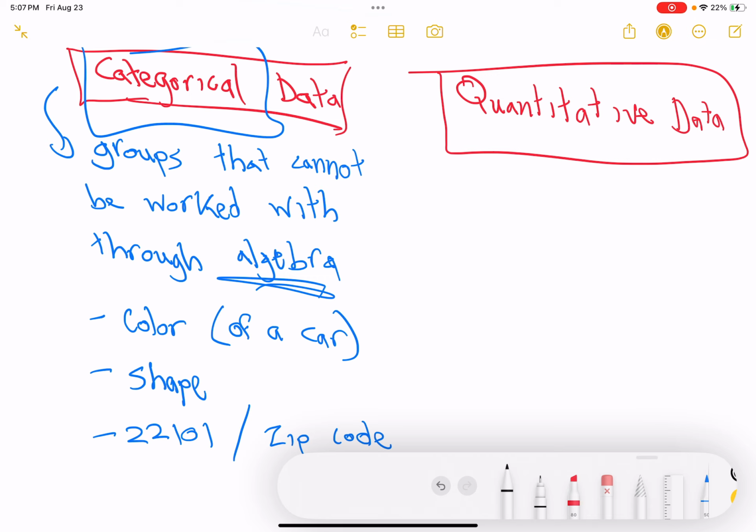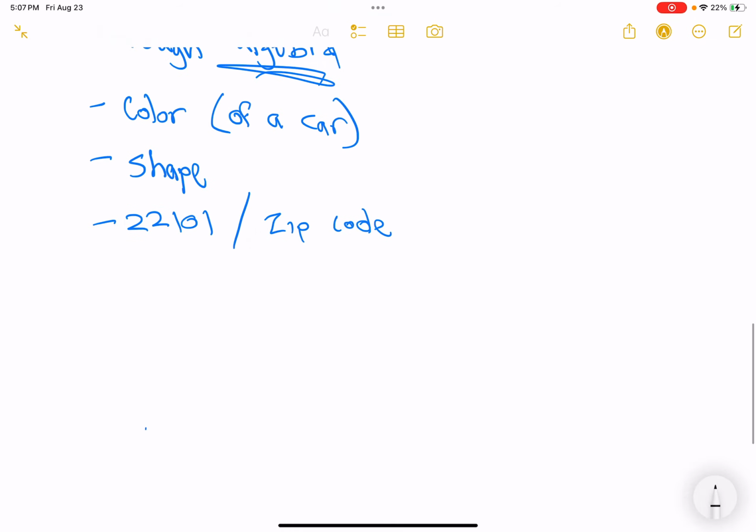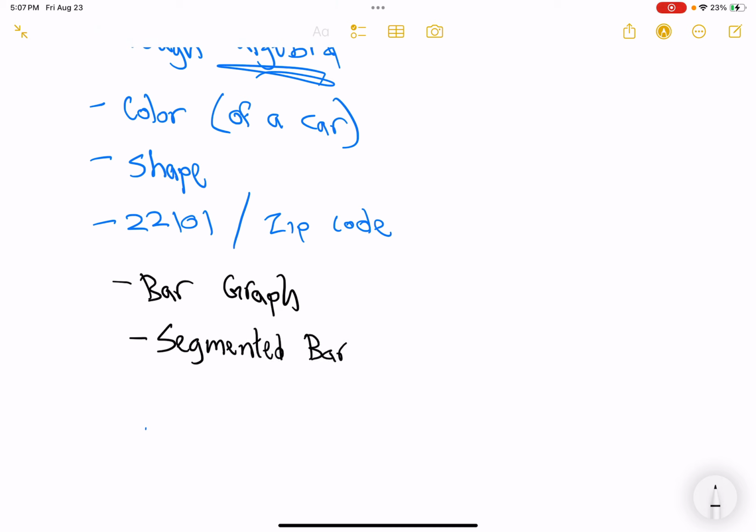Okay, and really quickly, I'm going to show you the kinds of graphs that we do with that. I'm just going to briefly show. It's a bar graph. Excuse me, a segmented bar graph. A side-by-side bar graph, lots of bar graphs.